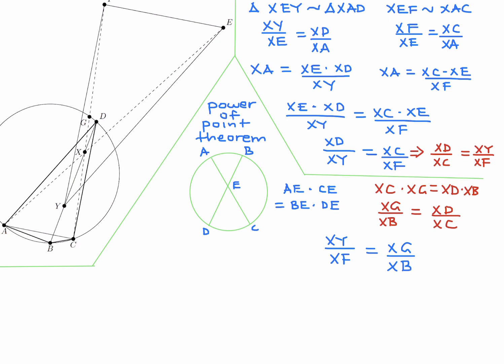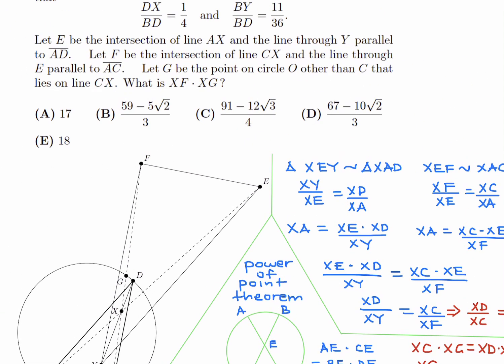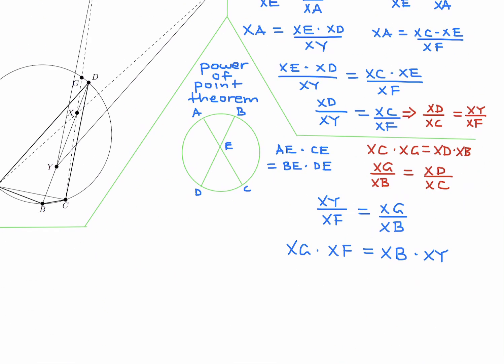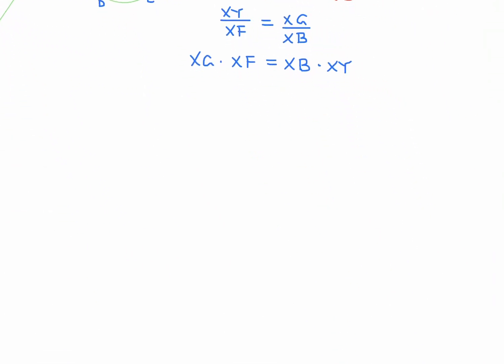If you cross multiply this, you get XG times XF is equal to XB times XY. Well, this is very good news because XG times XF is exactly what they want me to figure out. So we are headed down the right path here.